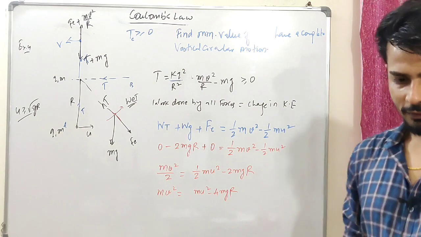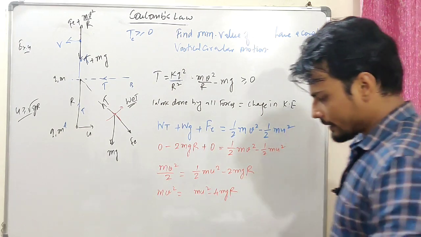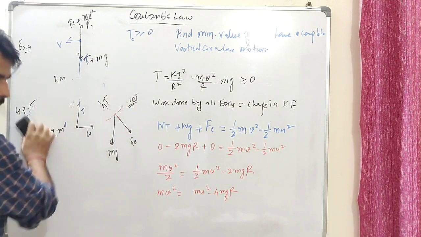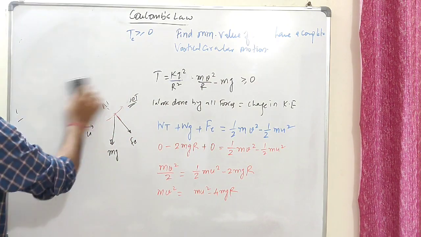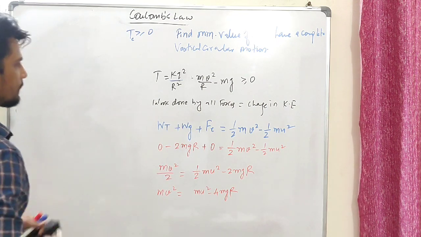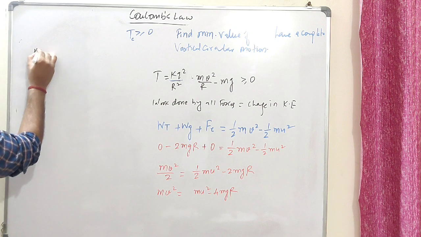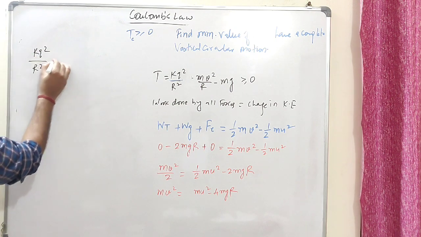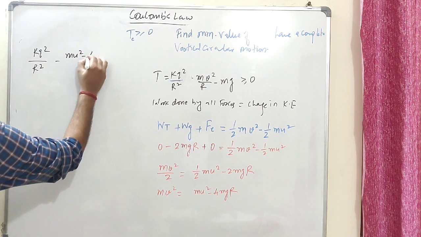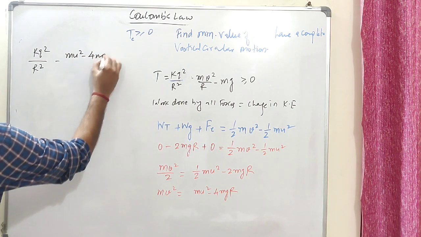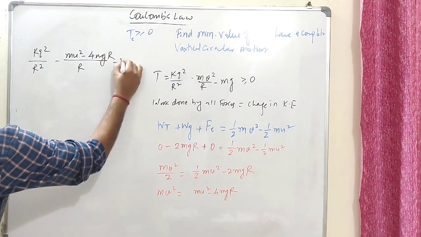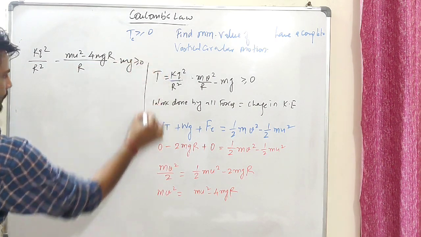So let me clear a part of it. Can I just erase this part of the board? I think you guys have already noted down this diagram, this figure. So let me just erase this. So from here what I'm going to get is kq square over r square minus (mu square minus 4mgr) over r minus mg should be more than or equal to 0.